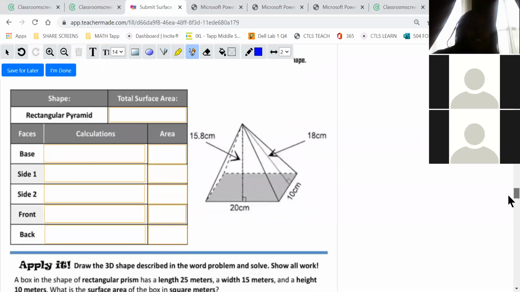This is a rectangular pyramid. So I see that the base, because it's a rectangular pyramid, that means the base is a rectangle. So I'm going to go ahead and highlight that base. It's gray, but I'm still going to highlight it for you.